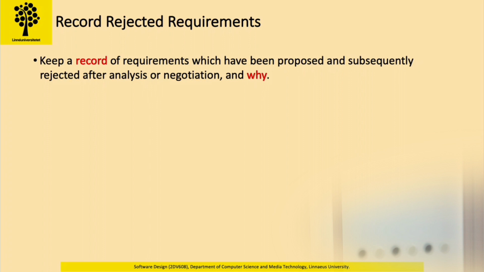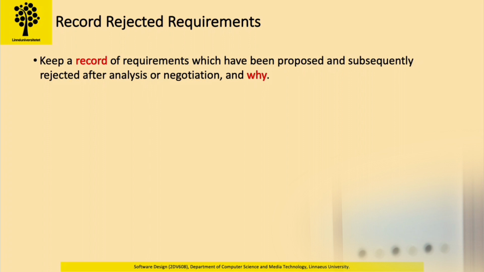Another good practice is not only to record or identify your volatile requirements, but also to identify or record your rejected requirements in a database, or maybe use the same database you are using for requirements management. And why is it important?